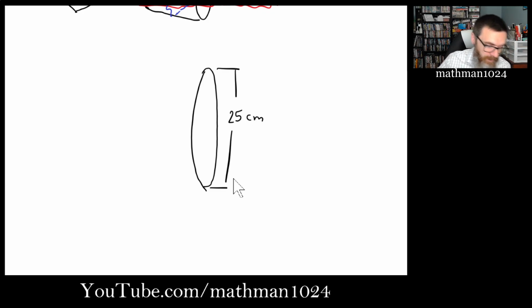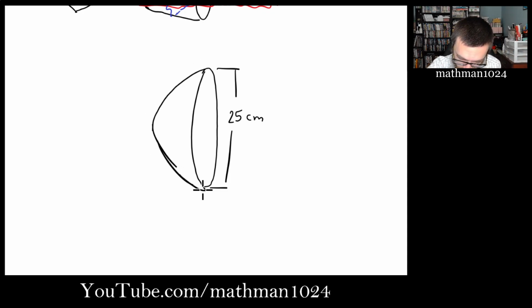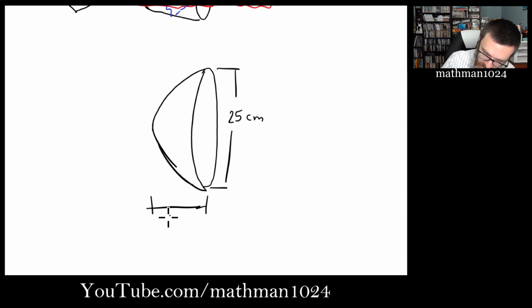It says this parabolic mic is 25 centimeters across, and it's 10 centimeters deep. So the distance from here to here is 10 centimeters. Where should we place the microphone so it's going to be the most effective?